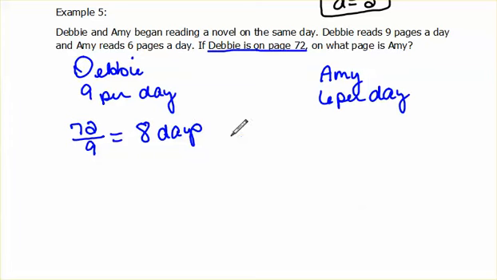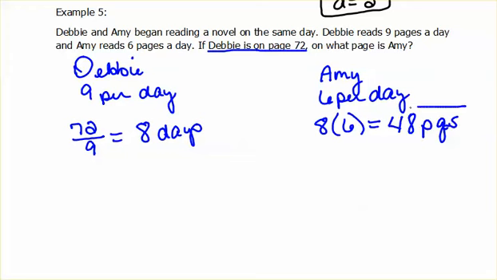Well, they started the same time, so their time is the same. So in 8 days at 6 per day, that means that Amy has to be on page 48. So we could have done it that way.